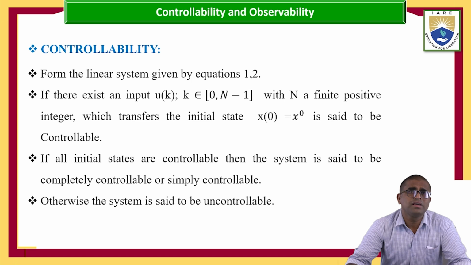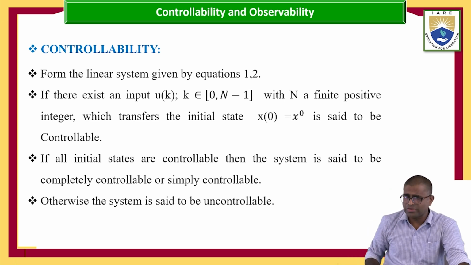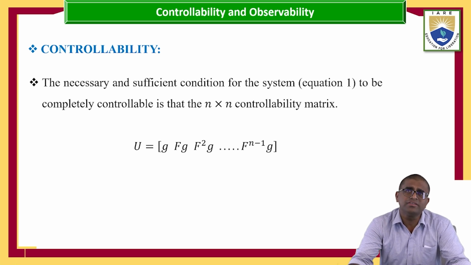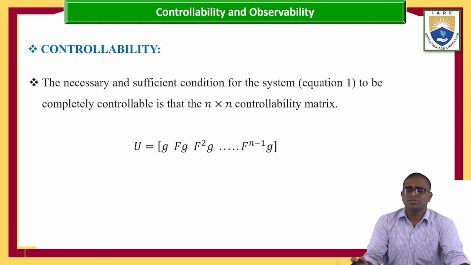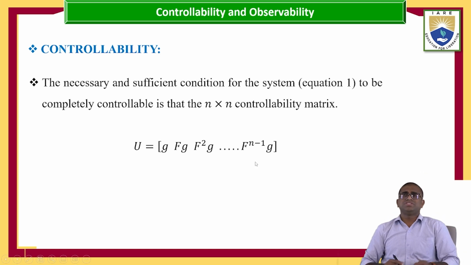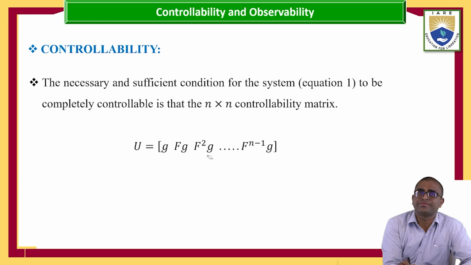Otherwise, it is uncontrollable. Controllability is defined for the initial condition x of 0 equal to x naught. The necessary and sufficient condition for controllability is that the controllability matrix U equals G, FG, F square G, up to F of n minus 1 into G. This is the equation for the controllability test.